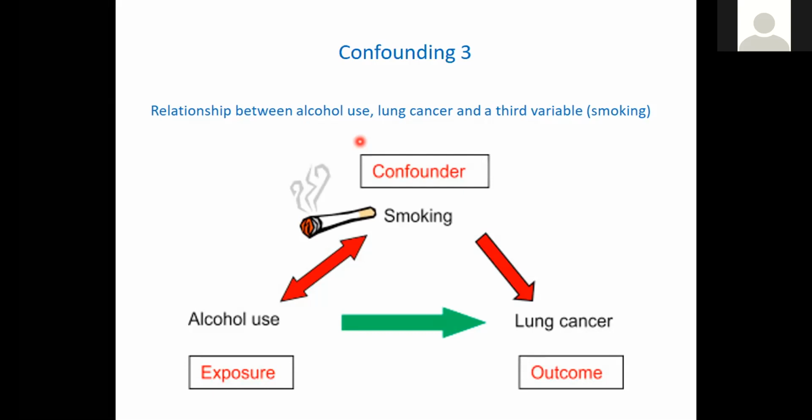Look at it in the theory diagram I discussed now. One arrow goes from the exposure, alcohol, to lung cancer, and another arrow from the confounder to lung cancer. Both of them equally lead to lung cancer. But the arrow between the exposure and the confounder is two-way. It's not a causal arrow. It's just an association that both of them are related.